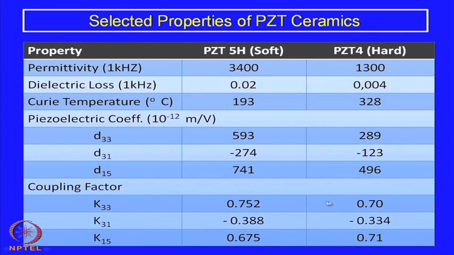These are comparable. This is 38 and 33, whereas k15 is about 67 and 70. So, these are more or less comparable, but the most important thing is their coupling coefficients are quite different, and the Curie temperatures are quite different.